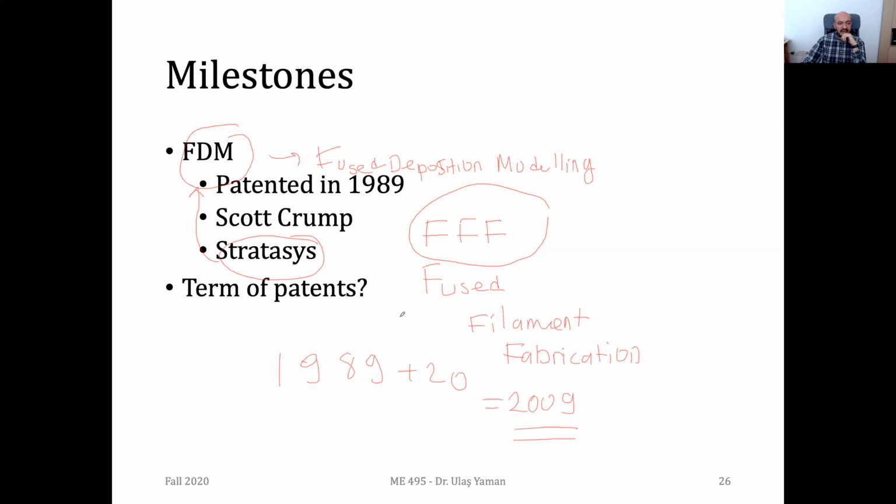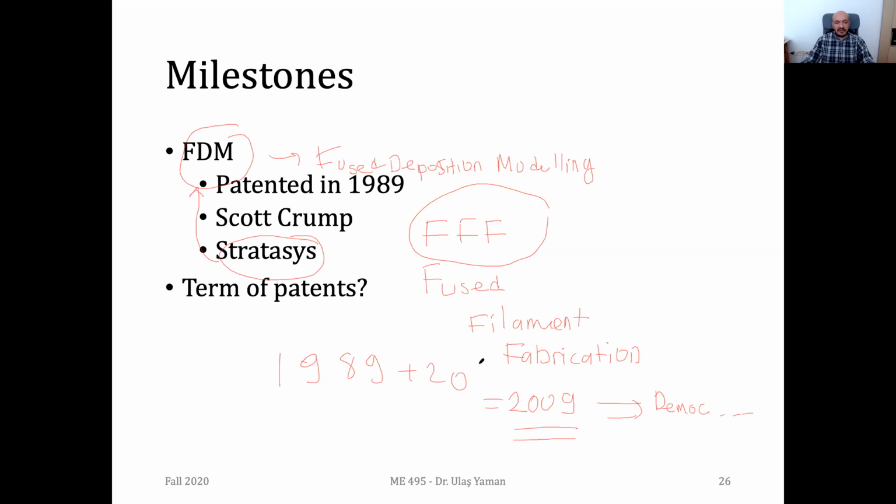After the patent expired, people started working on simpler versions of the FDM, and they came up with some cheap solutions, and that's why we now have such a term, democratization of manufacturing. If this patent didn't actually expire, we couldn't have such a democratization of manufacturing.